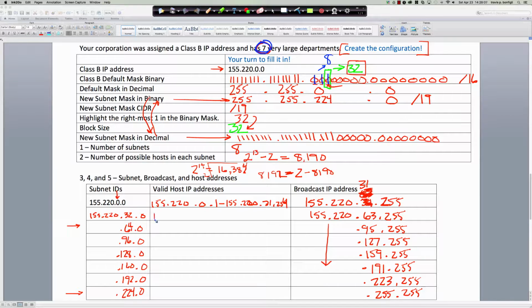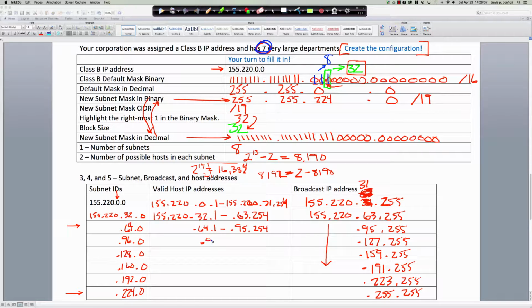So for this subnet here, it would be 155.220.32.1 all the way to, and I'm just going to do the last 2 octets because that's what's going to be changing, 63.254. And then we've got .64.1 to .95.254.